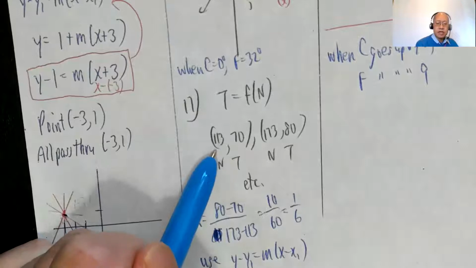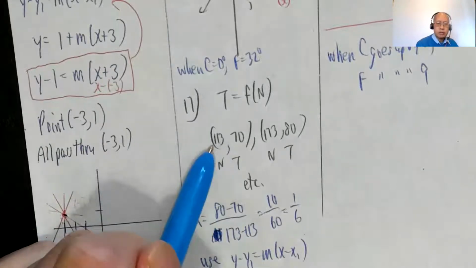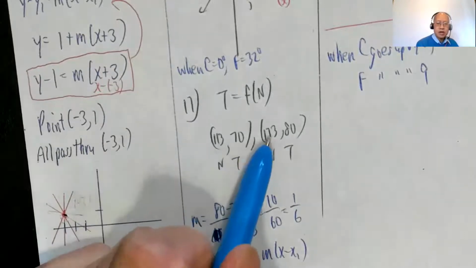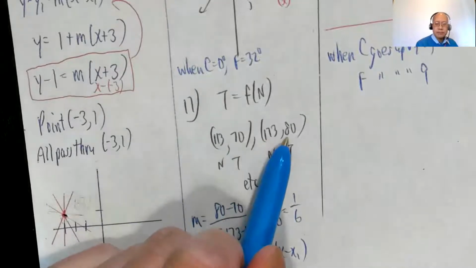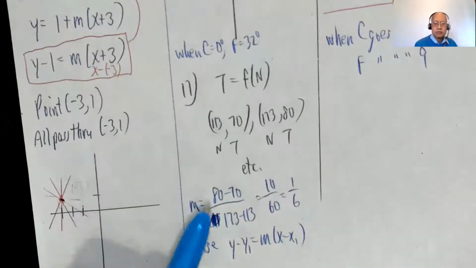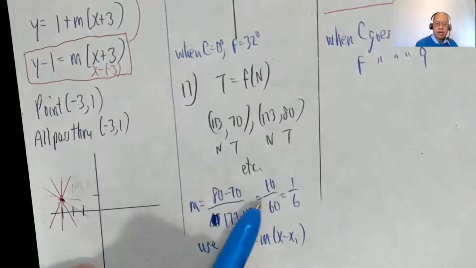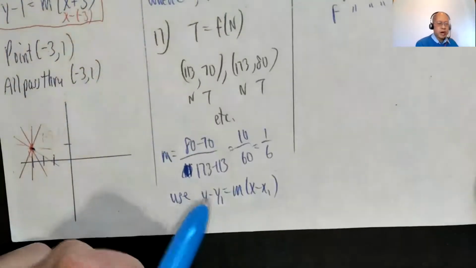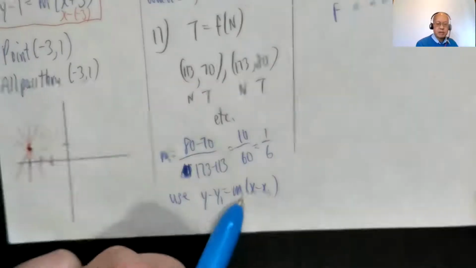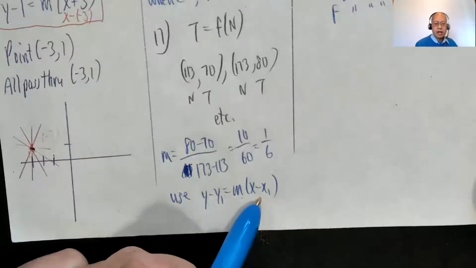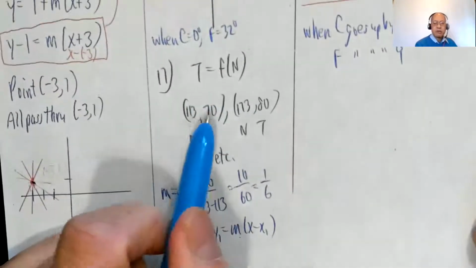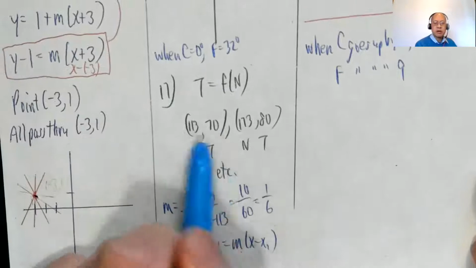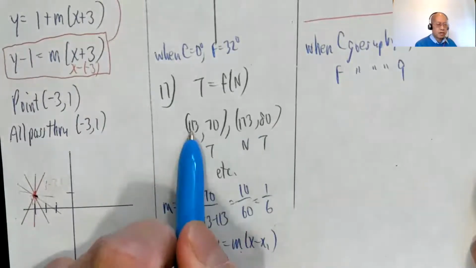I have 113 chirps at 70, 173 chirps at 80. So you find the slope. 80 minus 70 over 173 minus 113. That's 10 over 60, or 1/6. And then use y minus y1 equals m times x minus x1. I'll let you finish the rest of that. You have the m. What do I use for x1, y1? You could pick either this one or this one. I guess this one's a little bit easier.